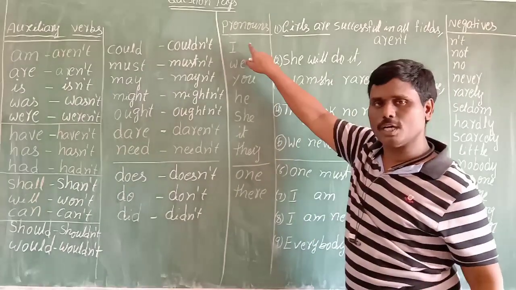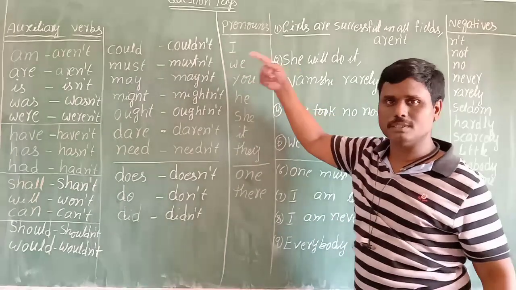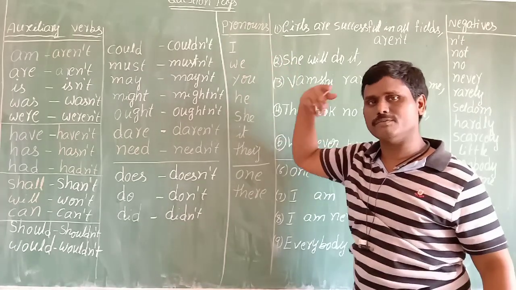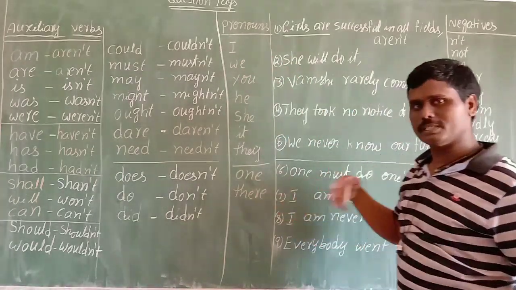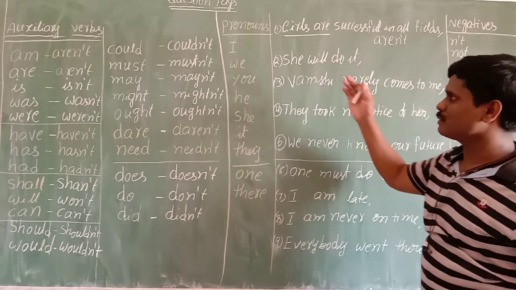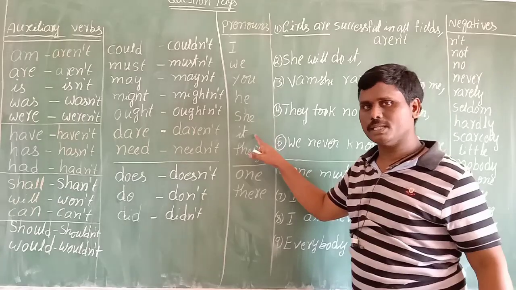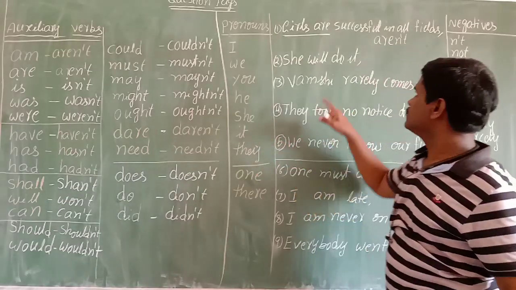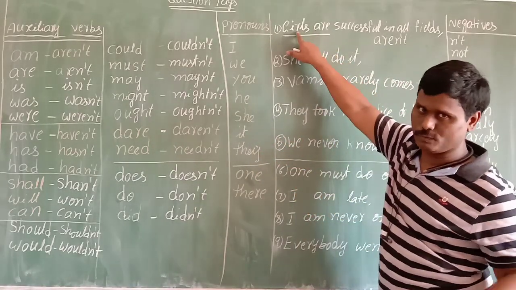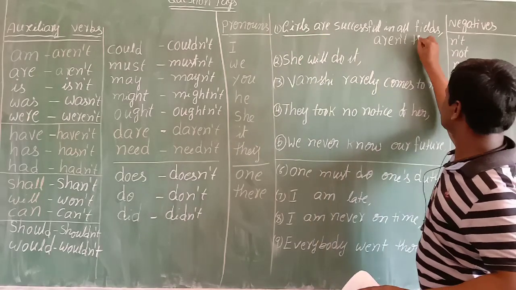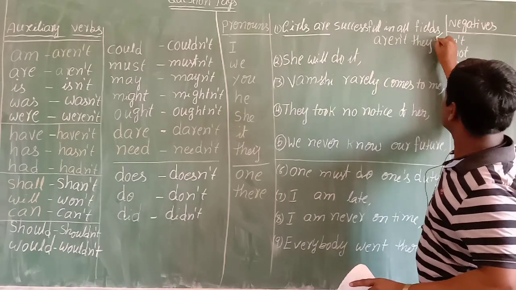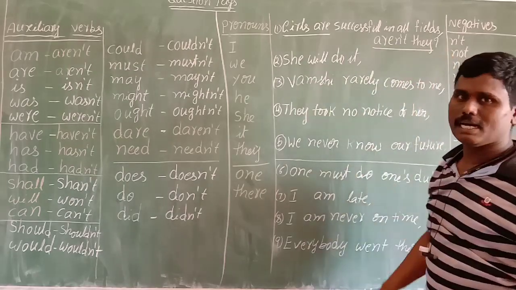If the subject is not a pronoun, but a noun or some other word or phrase, noun phrase, then we have to change them into pronouns: boy means he, girl she, any one thing it, many means they. So here girls, more than one, that means they. So the answer is, aren't they?